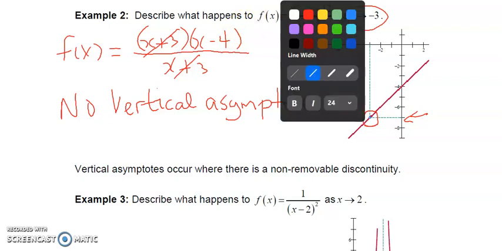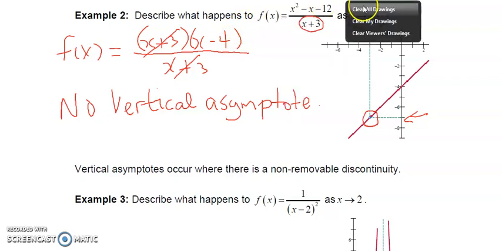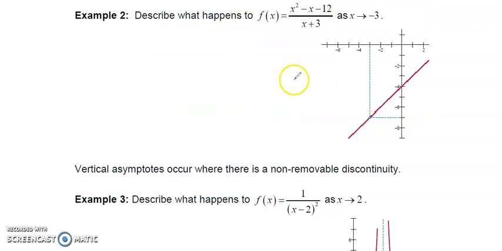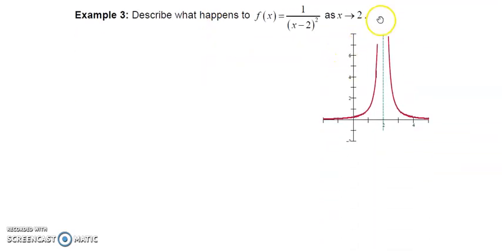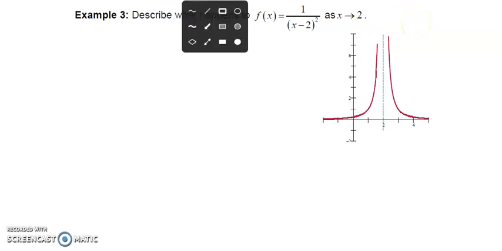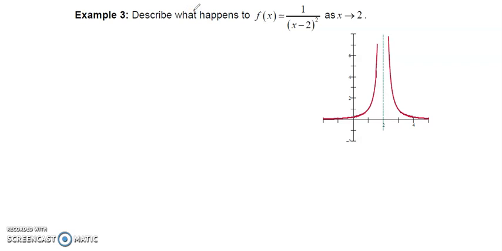So anyway, that would be the answer for that one there, no vertical asymptote. But there is a hole in the graph. Now the one down below that is different, because if you look carefully at this one, then what you see here is that you know that x is not allowed to equal 2. So that's definitely a discontinuity. But is it removable? And the answer is no, it's not, because the numerator is just a simple 1 that'll never cancel with x minus 2.